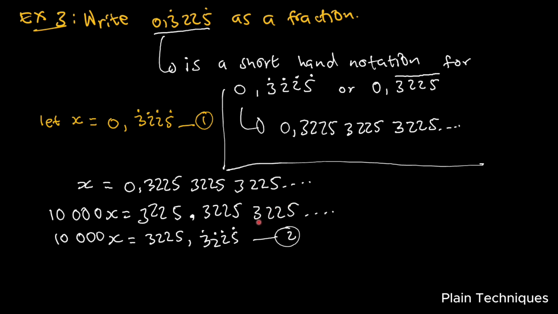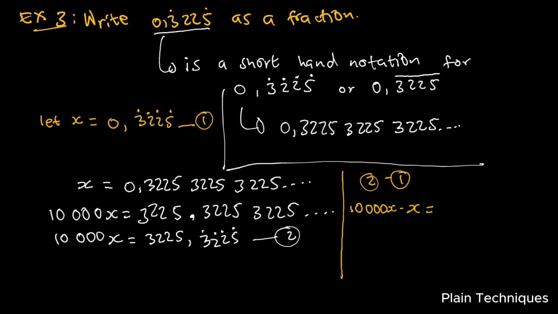Now, step 3. You take equation 2 minus equation 1. What do we have for equation 2? We have 10,000x on the left-hand side. We minus what we have on equation 1 on the left-hand side, which is simply x.